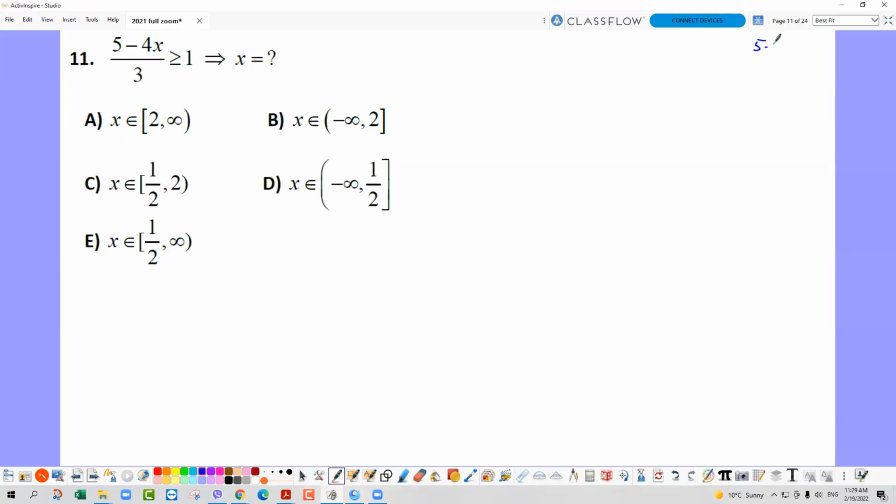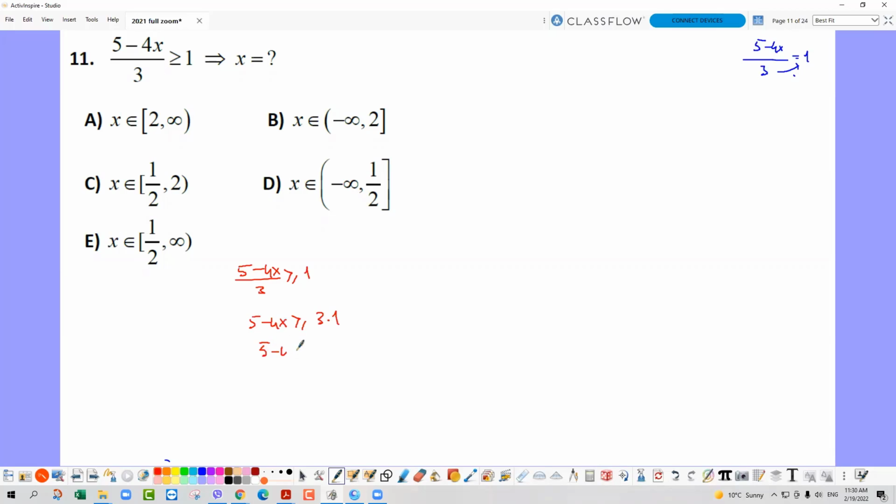If this question were 5 minus 4x over 3 equal to 1, I would multiply by 3 and continue my operation. I'm going to do the same thing here: 5 minus 4x divided by 3 is greater than or equal to 1, which means 5 minus 4x is greater than or equal to 3 times 1.